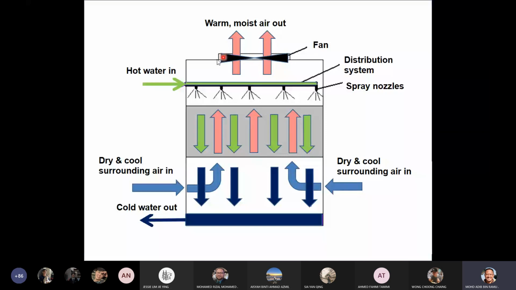It goes up because of this fan and crosses the water, carries the steam and releases it outside to the atmosphere. As a result, the water gets cool and is collected in the pan at the bottom of the cooling tower, and then it is carried back to the chiller.